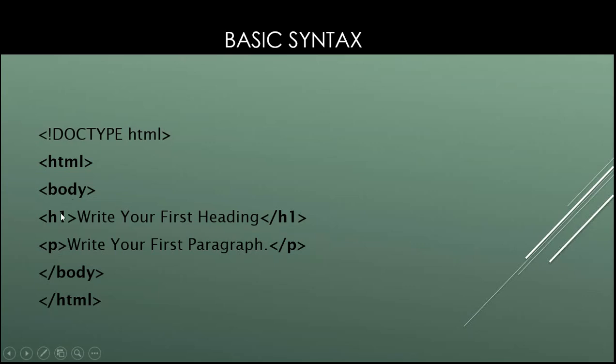The content that we write inside the body tag will be shown on the web page. And we can also add a head element. The head element describes the header part of the HTML web page. This is the basic syntax for writing a simple HTML page.